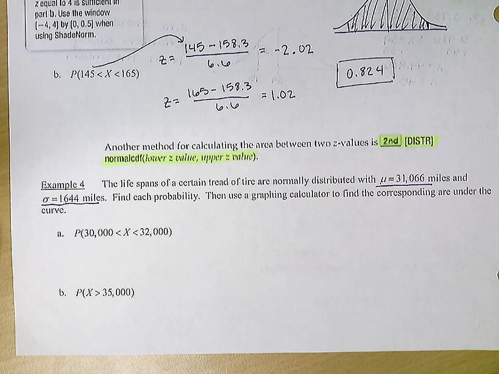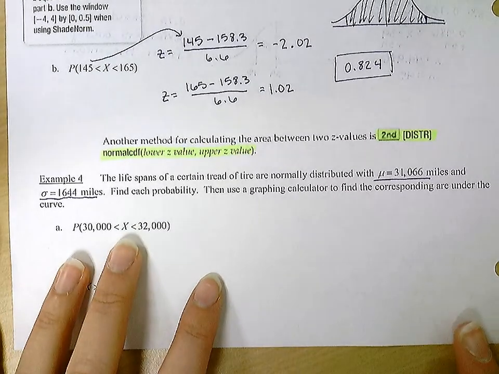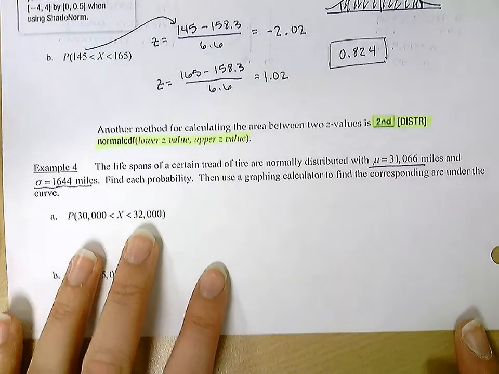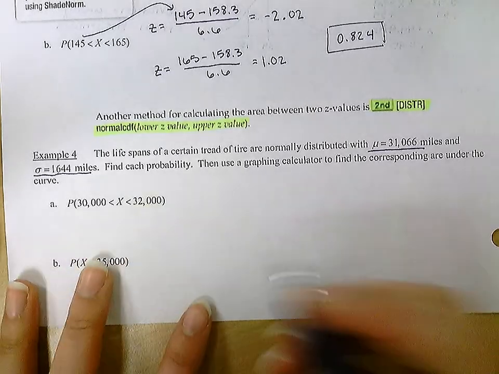So we want to find the probability of each in letters A and B. That means we need to find the z-score. For letter A, we're finding between 30,000 and 32,000. So I need to find the z-score for both of those x values.